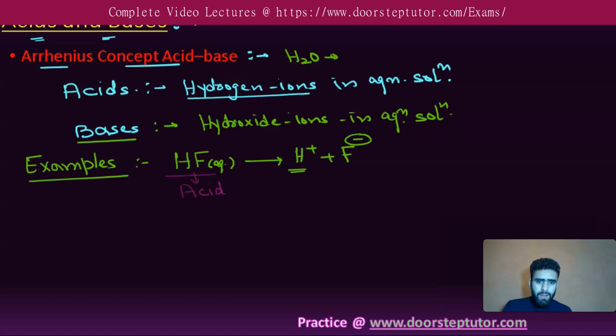Similarly, suppose we have sodium hydroxide. When I put this sodium hydroxide in aqueous solution, it will give Na+ plus OH-. This sodium hydroxide, when dissolved in aqueous solution, gave hydroxide ion.